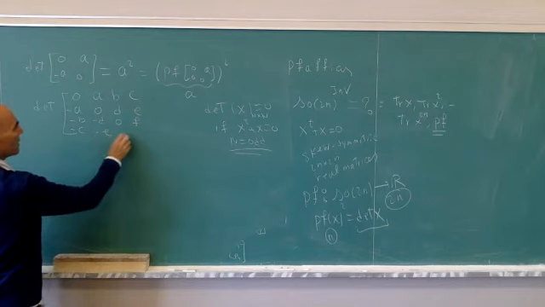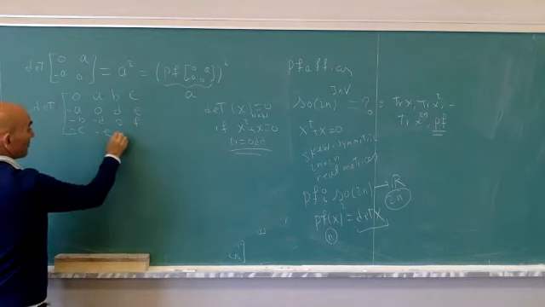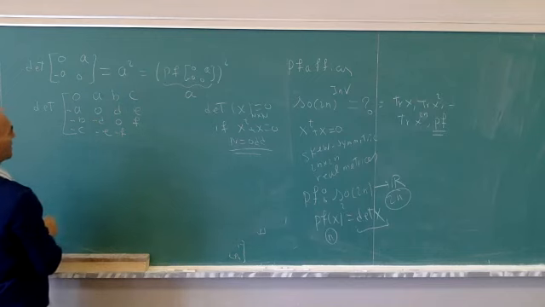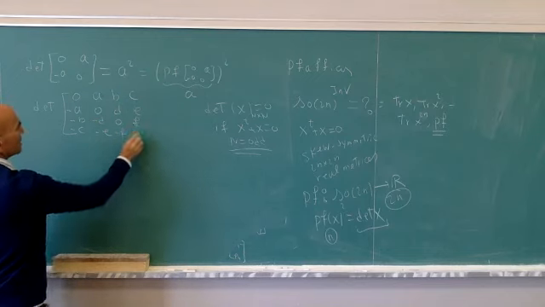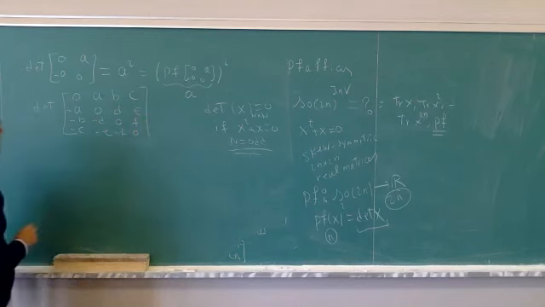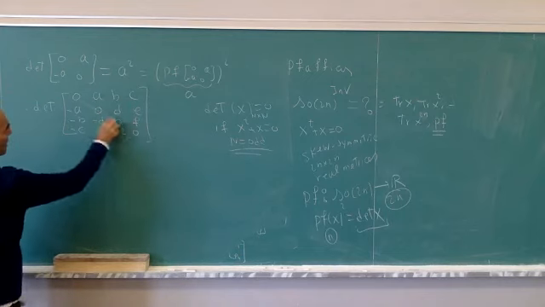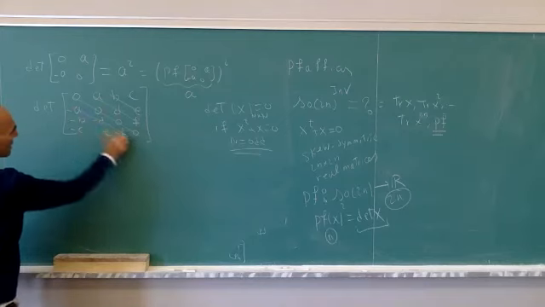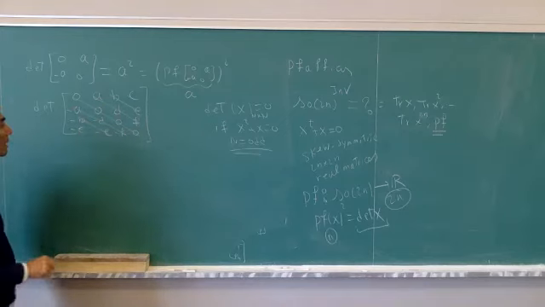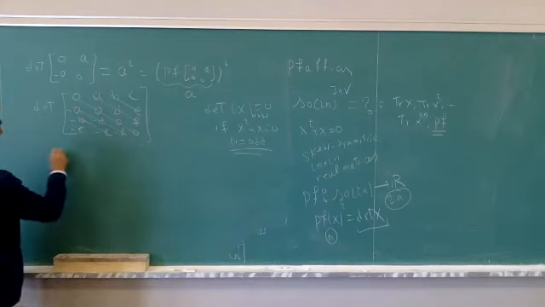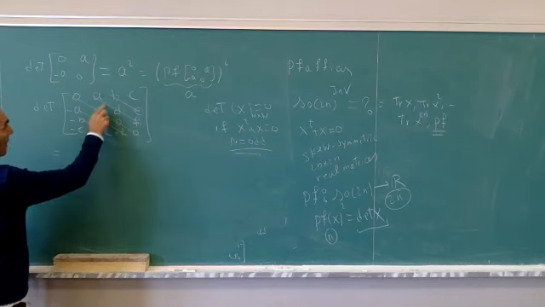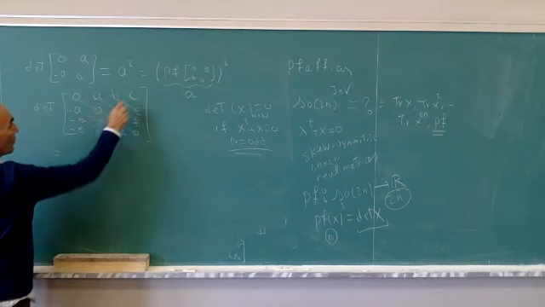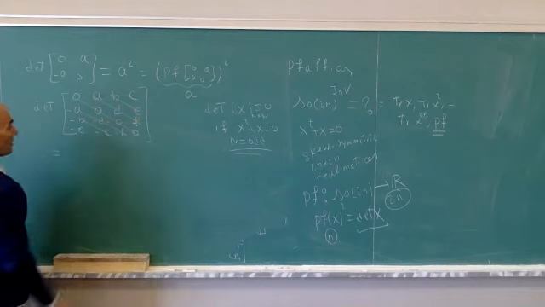Minus E, and then minus F. I think it's 0. Is that okay? Yeah, I think it's okay. Right. So it's a polynomial in how many variables? 1, 2, 3, 4, 5, 6 variables.